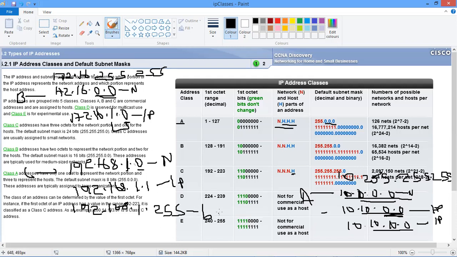This is a broadcast address. This is a broadcast address. This is a broadcast address.